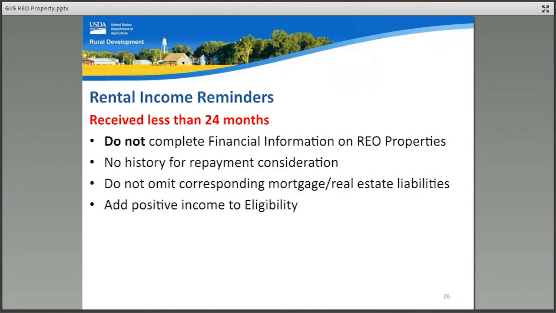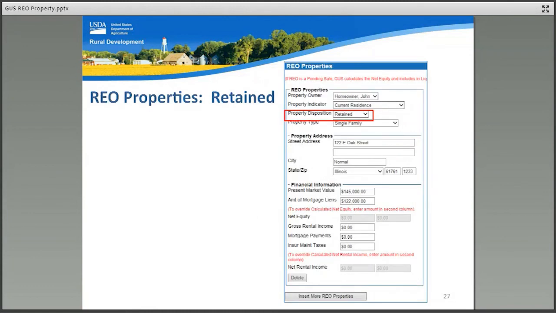The applicant remains responsible to pay for all mortgage and/or real estate liabilities associated with the property. Users must continue to add net rental income that is positive to the eligibility application page as applicable per 7 CFR 3555. This is a retained property example.